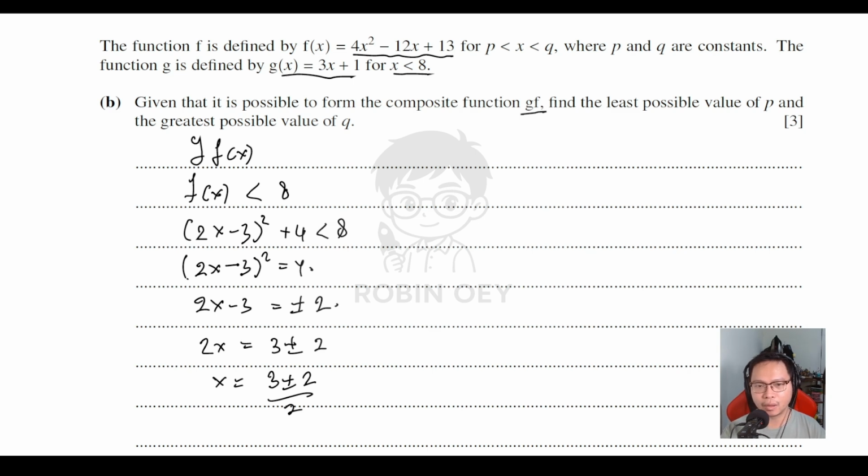Since we want the negative region, the x must be in between 3 minus 2 divided by 2 and 3 plus 2 divided by 2. So the x would be in between half and 5 over 2.